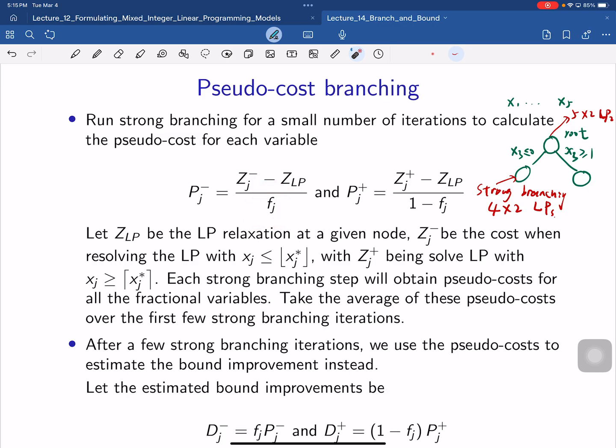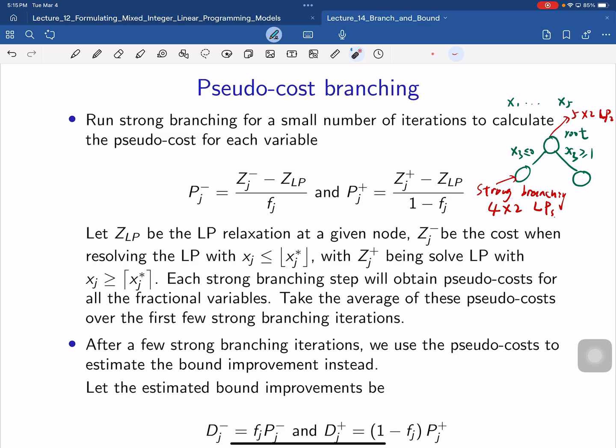So this value denotes after you branch on this variable, how much the objective will improve per, let's say, unit perturbation in this binary variable. Okay, and similarly, you can define the improvement for branching to the right.